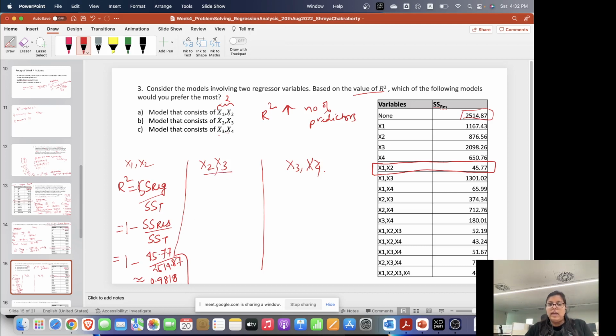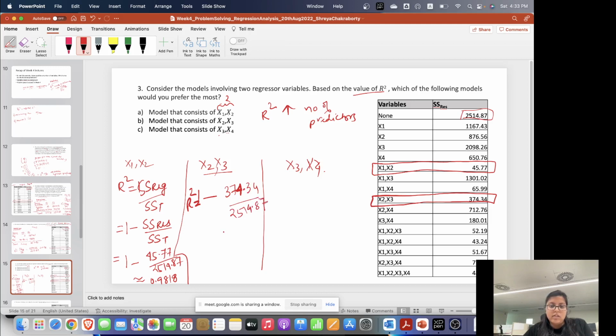Then for x2 x3, similarly, the R square value is 1 minus the residual sum of squares when fitting x2 and x3, which is 374.34 by 2514.87.